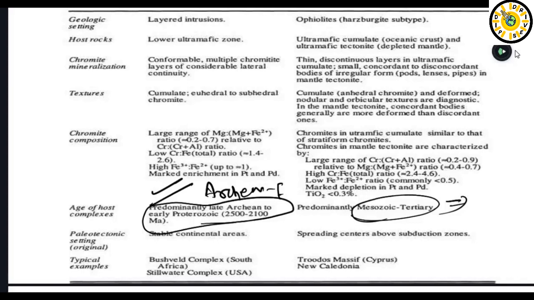If you talk about podiform, all those are found in the Mesozoic setting and the supra-subduction zone area, right, when the plate gets consumed. Is someone asking a question? No sir. Okay, when that plate is consumed, if you go to the stratigraphy during the Mesozoic Tertiary, during that particular volume all the plates get consumed. So that's why we normally find podiform deposit at that particular setting.